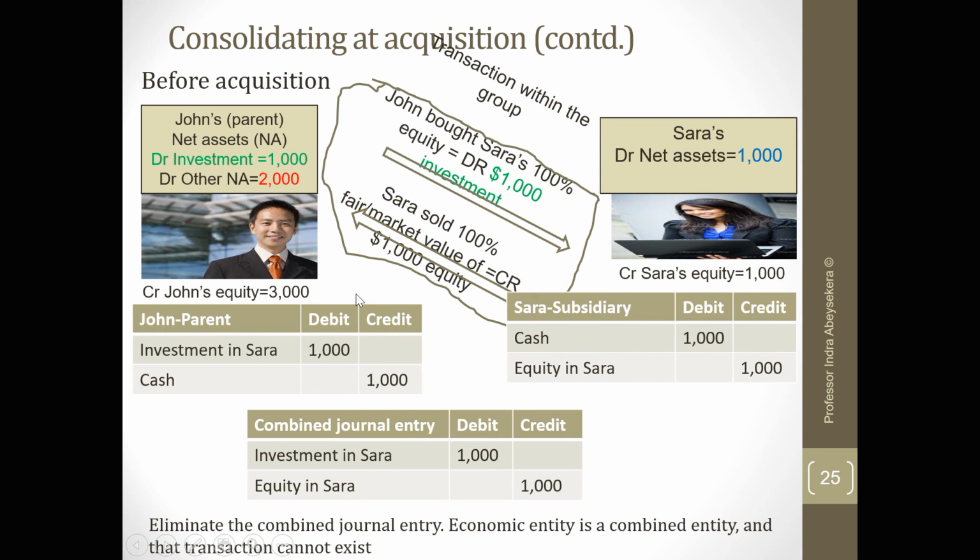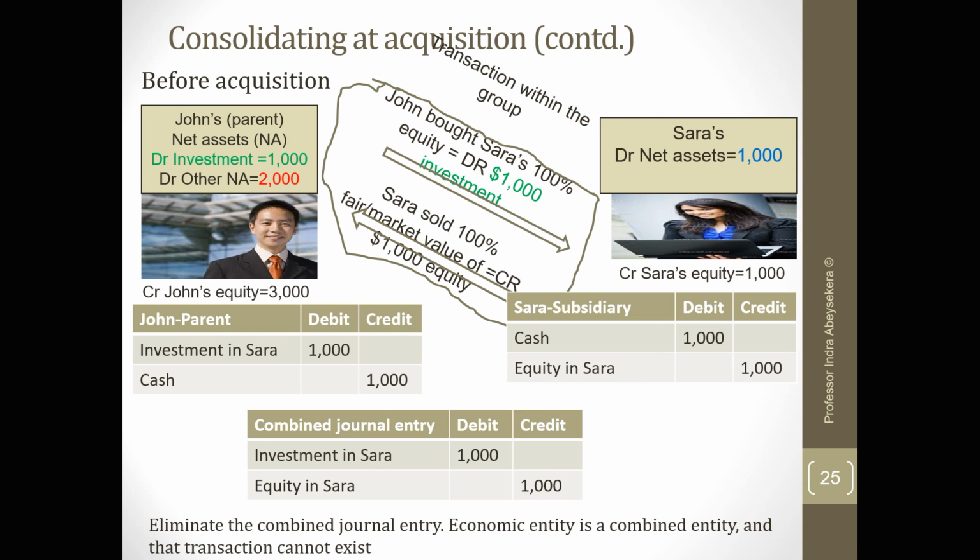If you look at the general journal entries, what John did was, as a parent company, credit cash, debit investment in Sarah. In Sarah, the subsidiary company, what she did was credit equity in Sarah and debit cash. These are general journal entries.